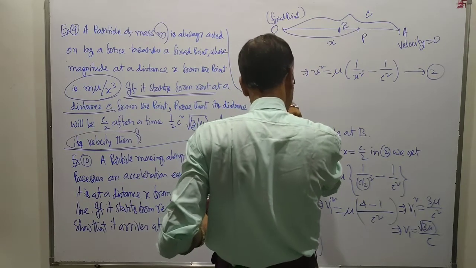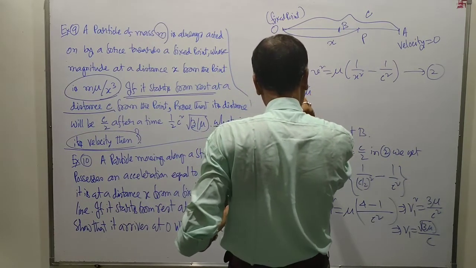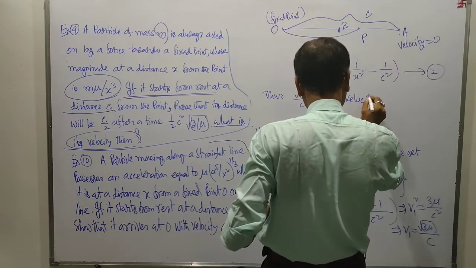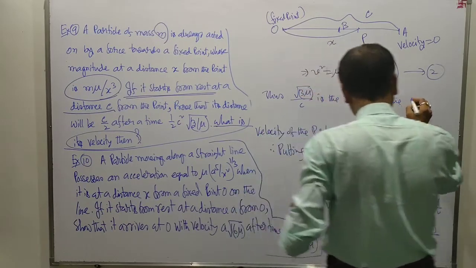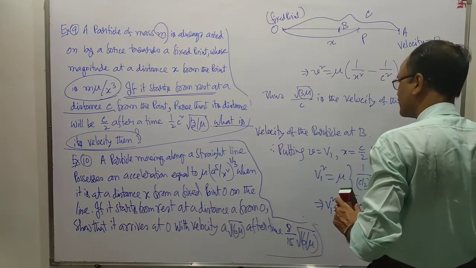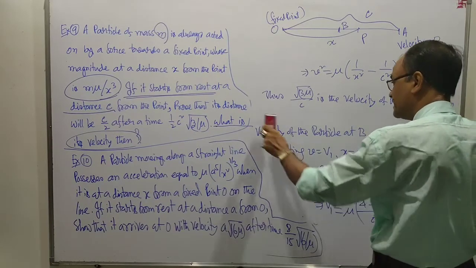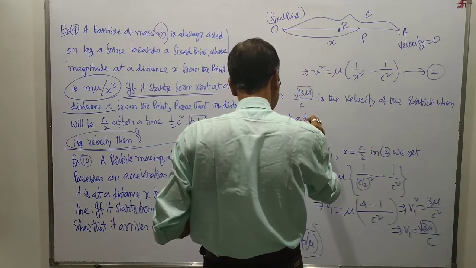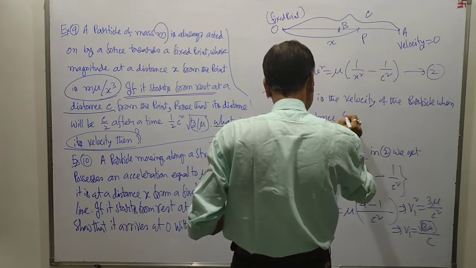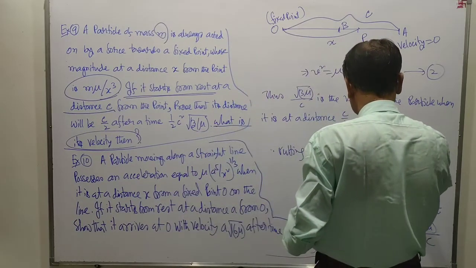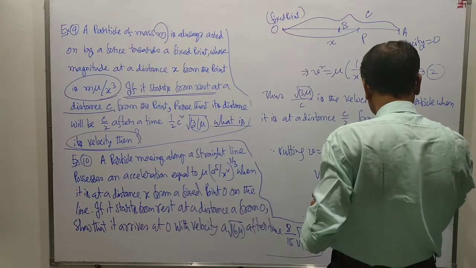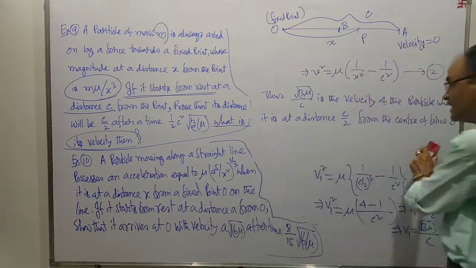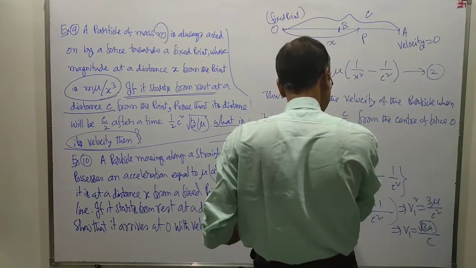Thus, root over 3 mu divided by C is the velocity of the particle when it is at a distance C by 2 from the center of force, from the center of force O, the fixed point O. This is the answer.